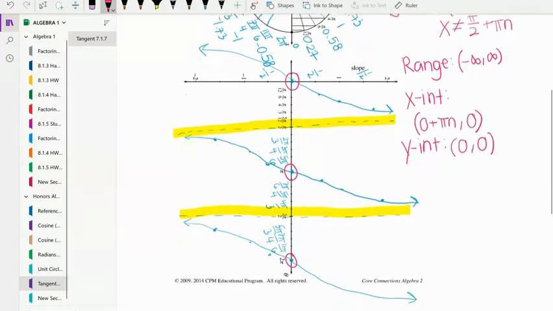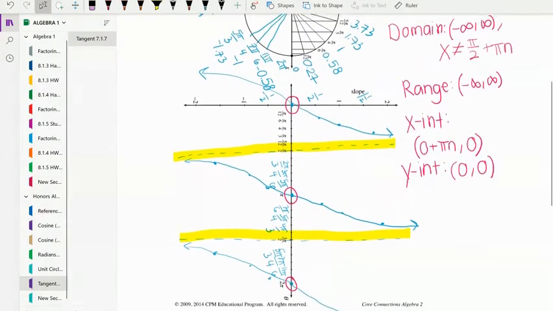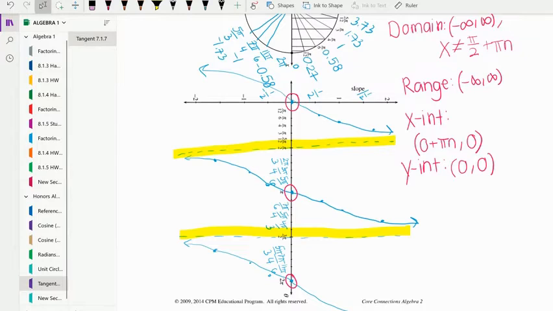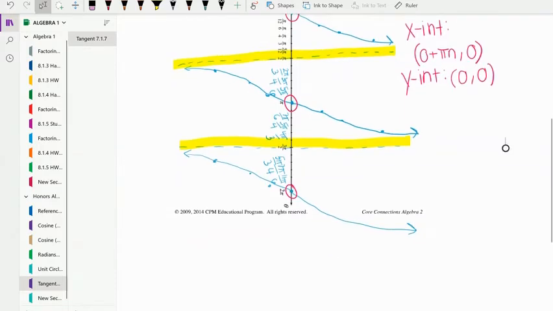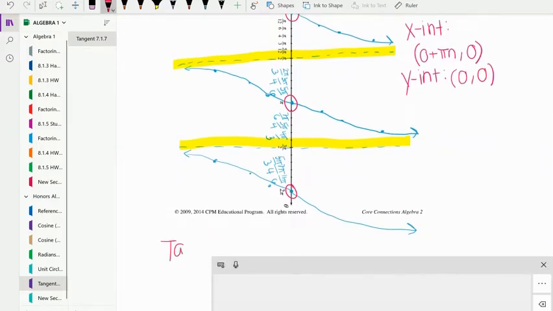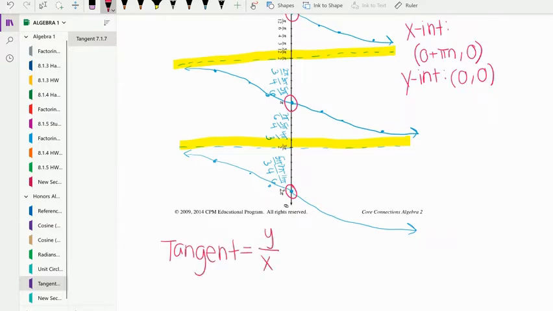All right, so the other thing is the asymptotes, but really the asymptotes are what we already said in our domain. It's pi over 2 plus pi n. Another super important thing about tangent that you need to know is tangent is y over x, which is really like the slope.